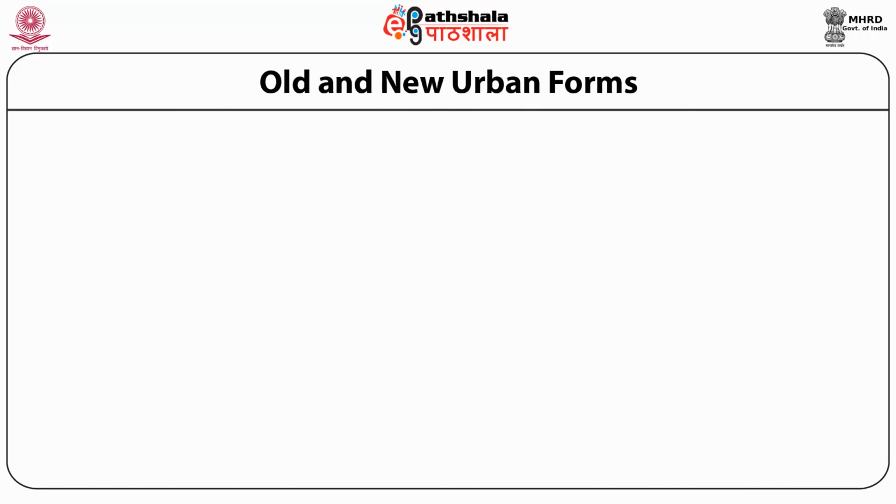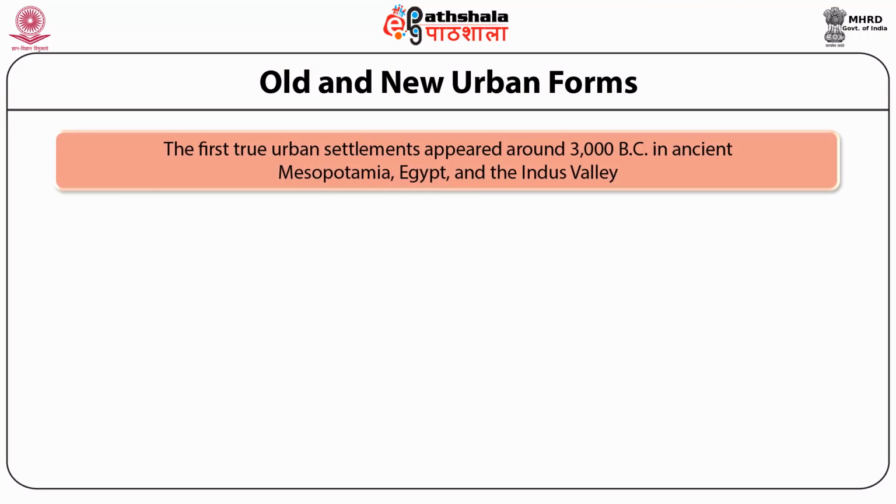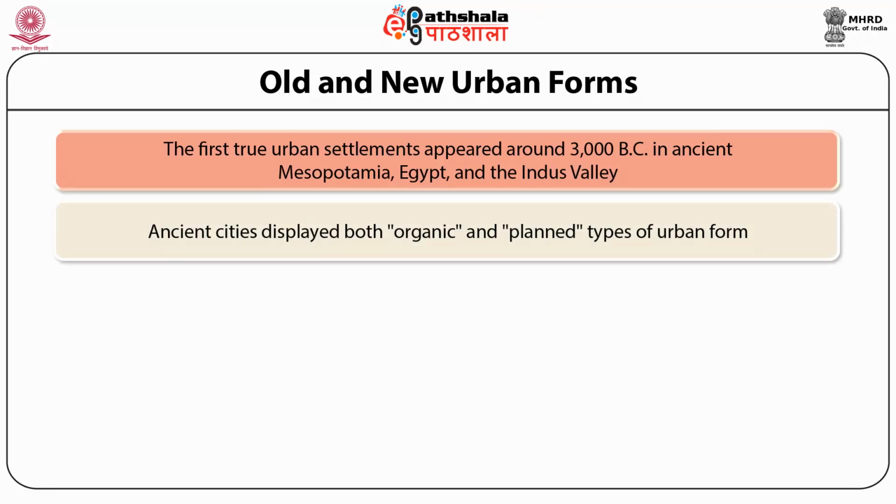Now, let us discuss old and new urban forms. The first true urban settlements appeared around 3000 BC in ancient Mesopotamia, Egypt, and the Indus Valley. Ancient cities displayed both organic and planned types of urban forms.